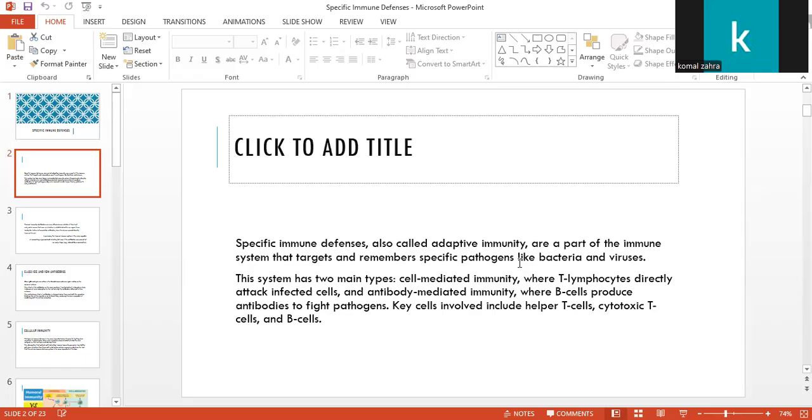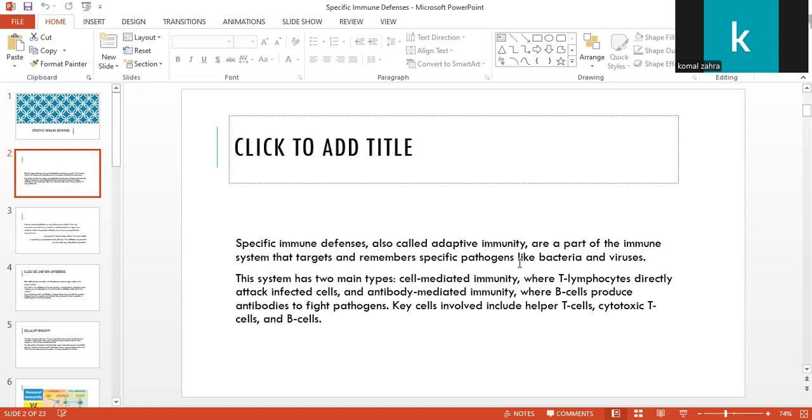They create a specific immunity, so if a person or animal is exposed to that virus again, the virus will not be able to create an infection in the human body or the host cell. This system has two main types: cell mediated immunity and antibody mediated immunity.